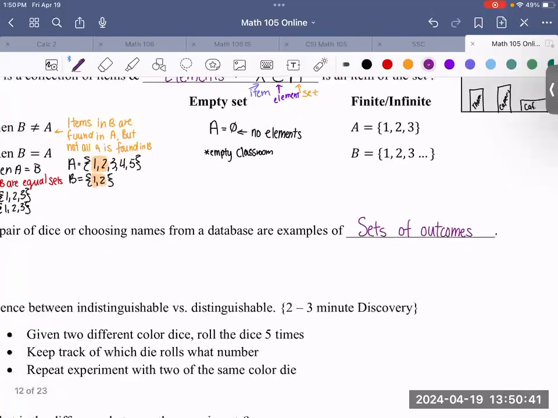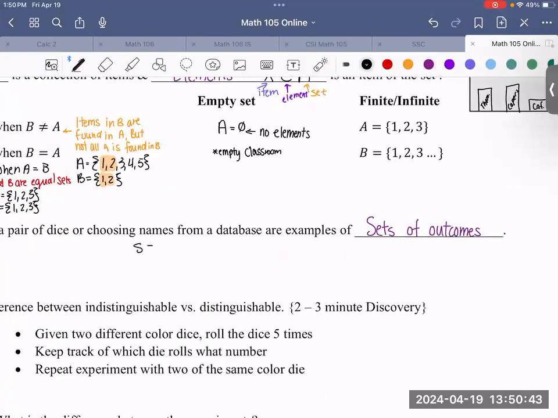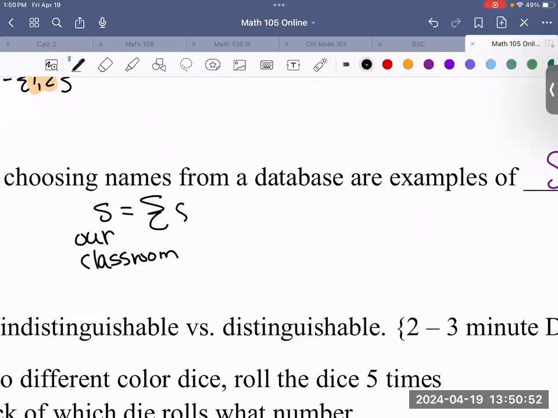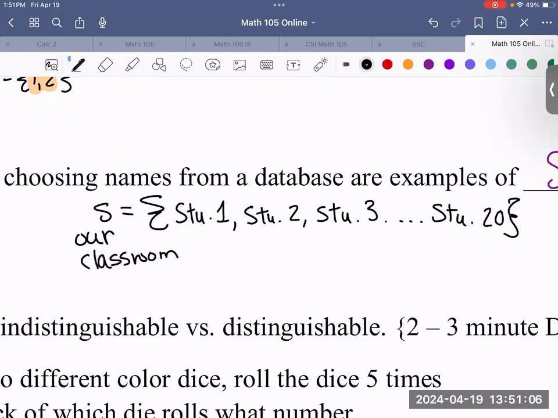So perhaps if we're talking about the names in our classroom, we have student A, we have student B, student C, and so forth. And then we run out of students. Let's say I'm at max capacity, right? 20 or 25, right? So these individual students would be elements.